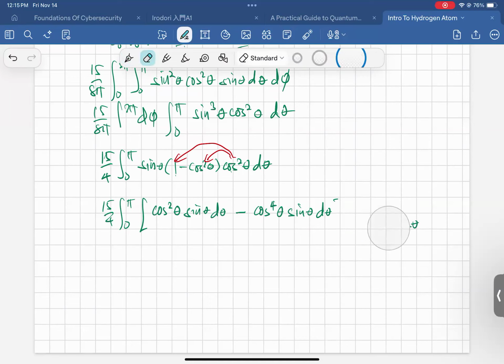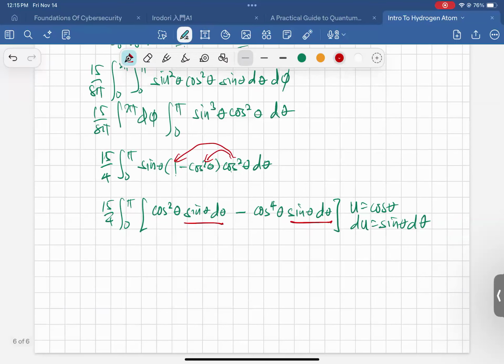If we let u be equal to cosine theta lang, then du is equal to sine theta d theta. So ito yung ating du. So itong integral na ito, 0 to pi, will just be u squared du minus u to the fourth du.